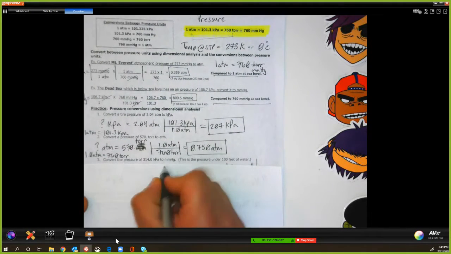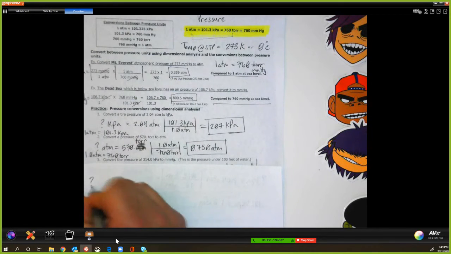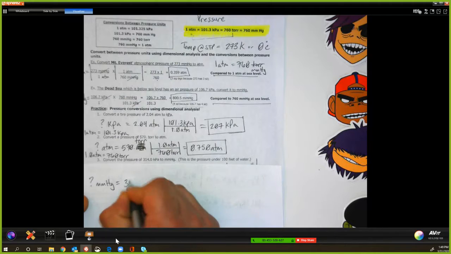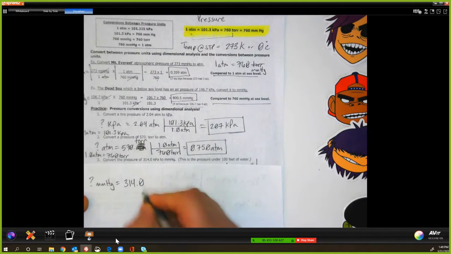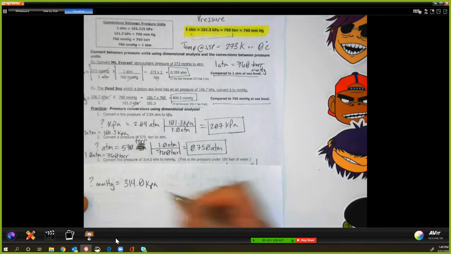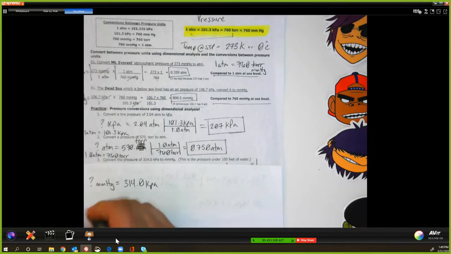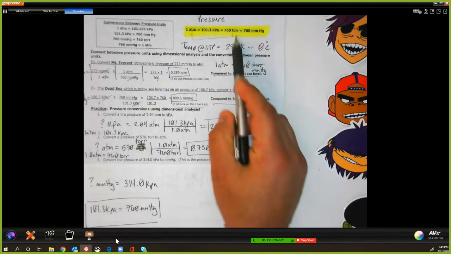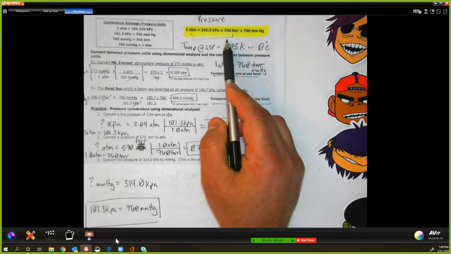So they want to know how many millimeters of mercury are in 314 kilopascals. So in this one, for every 101.3 kilopascals, it is 760 millimeters of mercury. Again, that was given to us here at the top. You're just making that comparison, right?